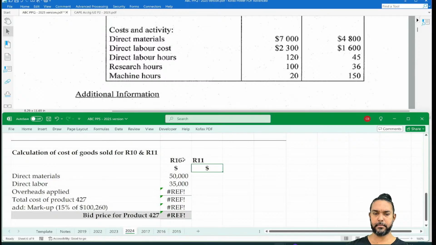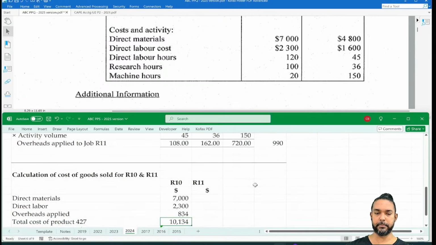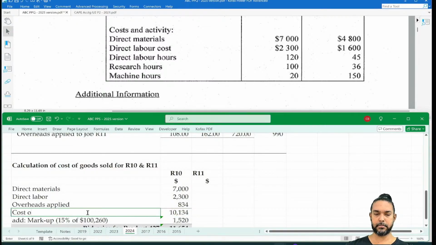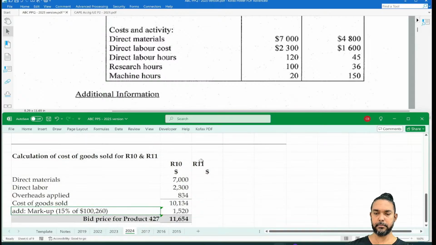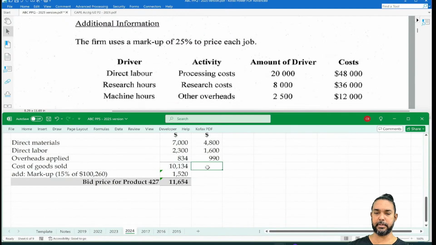Okay, so materials: 7,000, 2,300, 2,300, thank you very much. And overheads was 834, right? Okay, cool. For R11, you have 4,800, 1,600, and you have your 990. Right, cool. So let's total that.